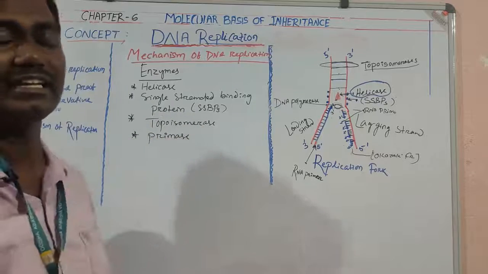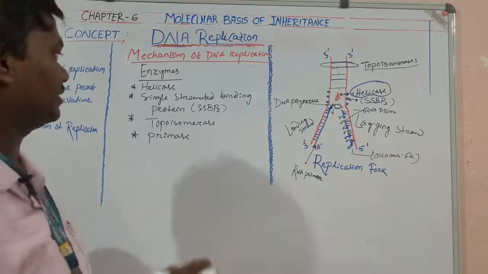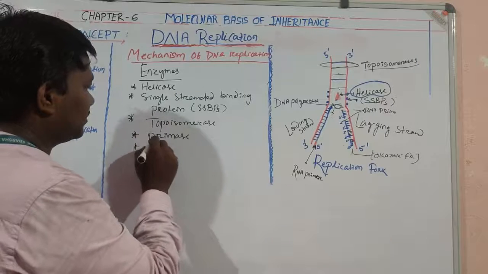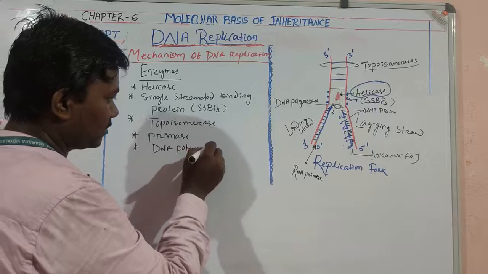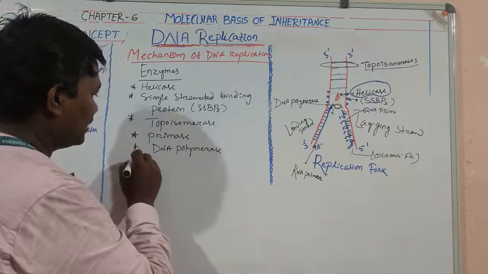This is DNA dependent RNA polymerase. DNA polymerase and DNA ligase.